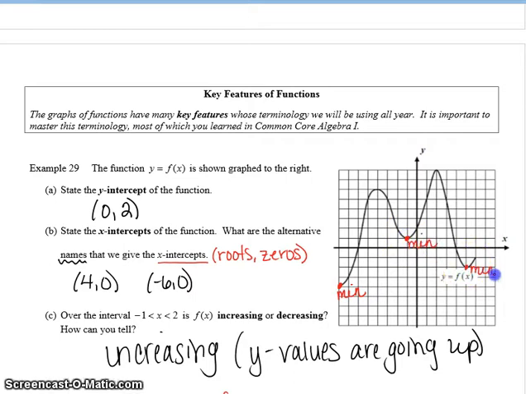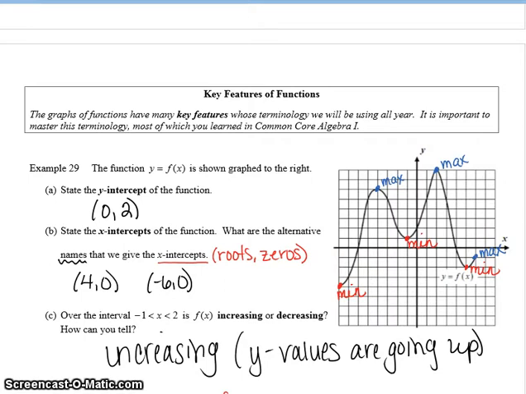So there are 3 minimums there. The maximums are, here's a maximum, here's a maximum, but here's a maximum as well. You can see even the tails of the graph have a minimum and a maximum.